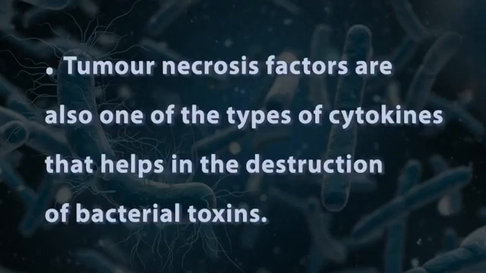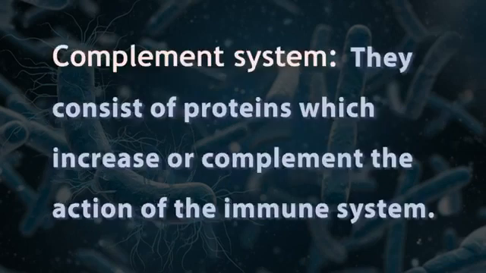There are many groups under interleukins based on different structural characteristics. Tumor necrosis factor is also one of the types of cytokines that helps in the destruction of bacterial toxins. 2. Complement system.